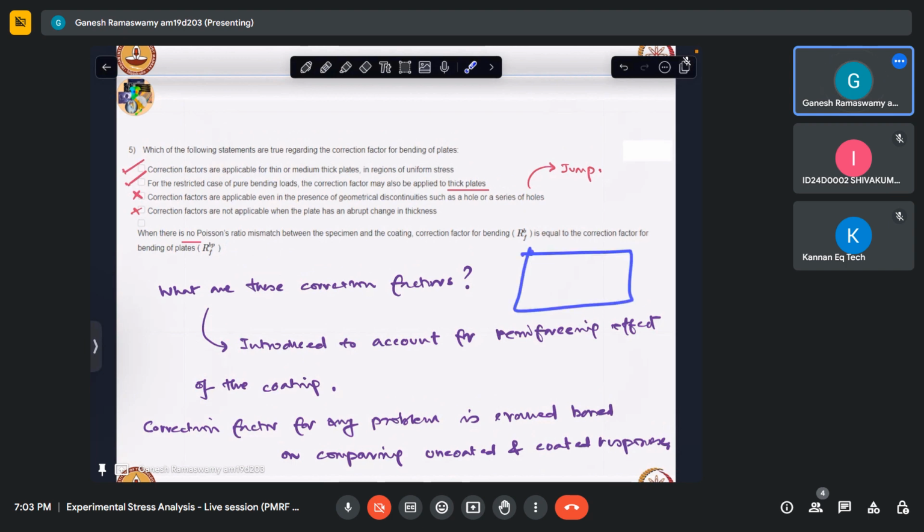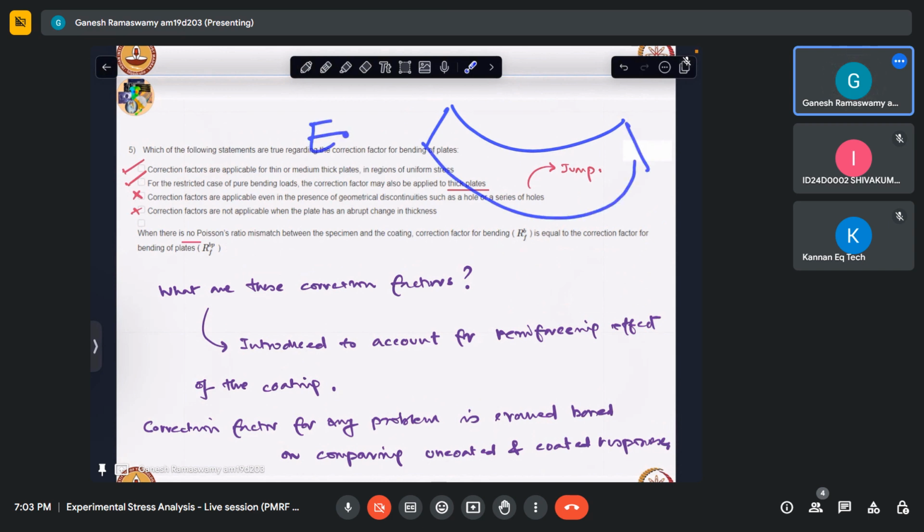If we see only planar response, it will be a function of only E. Whereas when we take the two-dimensional response, because there is bending in this direction as well as that direction, the stiffness of plates will come with an additional 1 minus mu squared, a Poisson's ratio term floating around in case of plates.